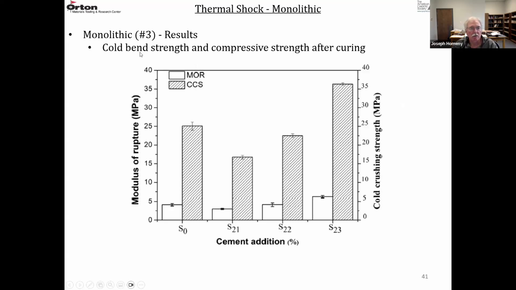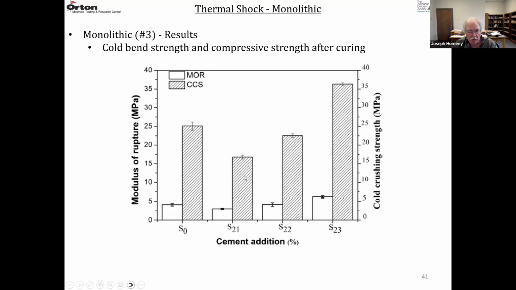So this is the cold bending strength and cold compressive strength after curing. So this was at 110 degrees C curing. So the open bars are the MOR, and the crosshatched bars are the cold crushing or compressive strength.